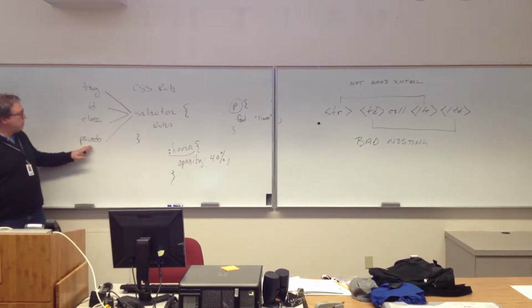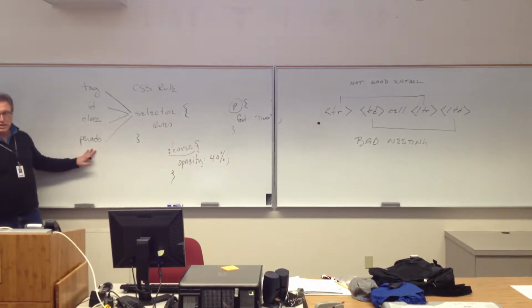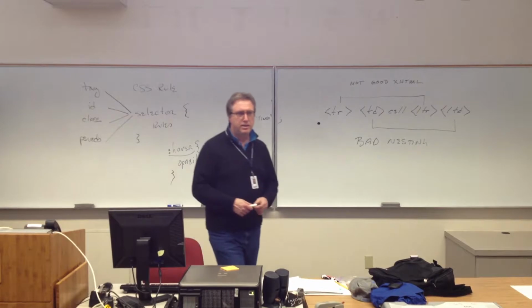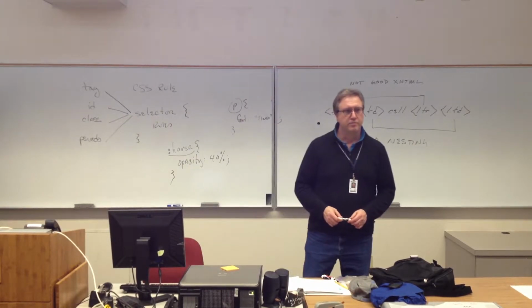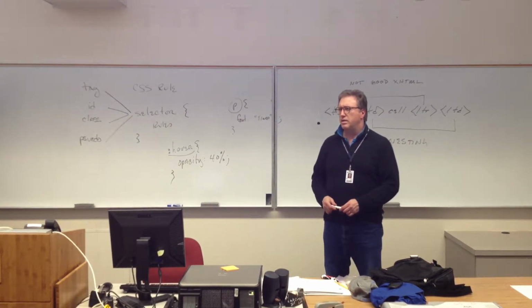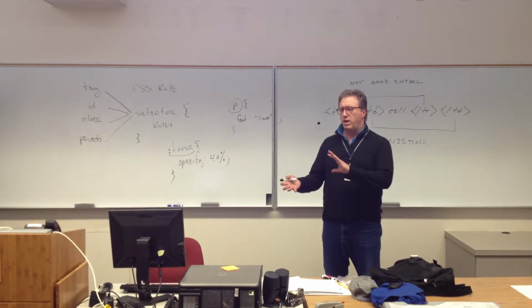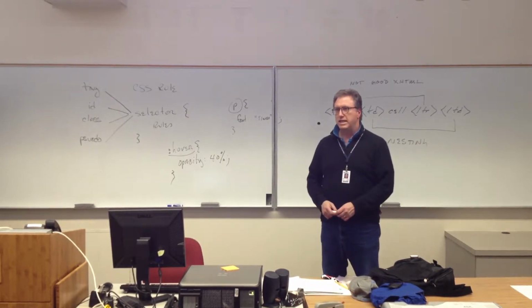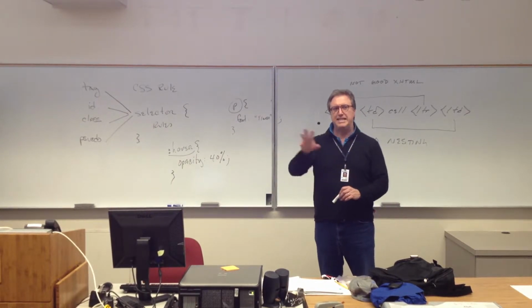So a pseudo-selector is a selector that is responding to conditions. Later on, you'll have a way of, I want you to change the color of links that have been visited, or links that you're hovering over, I want it to change color so you can easily tell what's clickable and what's not.